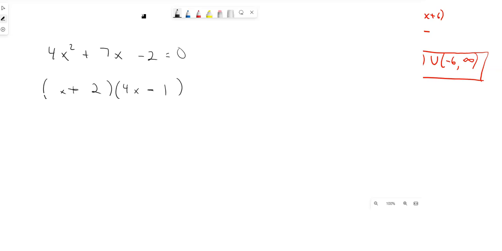I decided to do it by guess and check. When we set each of these things equal to 0, we get x equals negative 2 over here. Here when we set 4x minus 1 equal to 0, if I add a 1 to both sides, I get 4x equals 1, divide by 4, x equals a quarter.